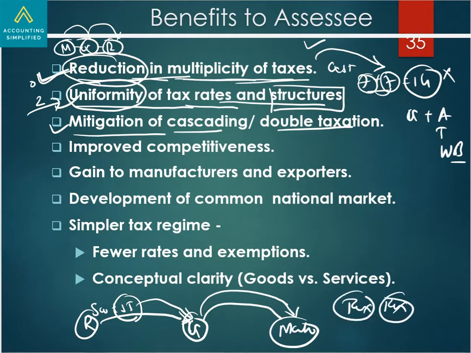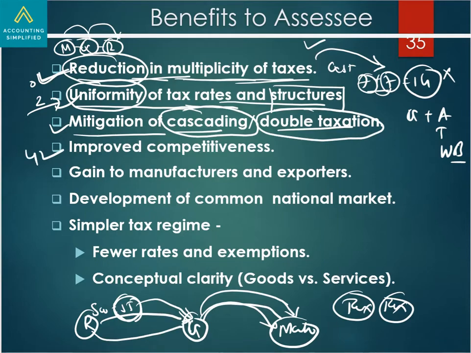So that is the cascading effect. Again on this tax, again tax was levied, whatever the rate is. In value added tax and sales tax it was happening, right? So this kind of cascading effect is removed. It means that double taxation has been removed.